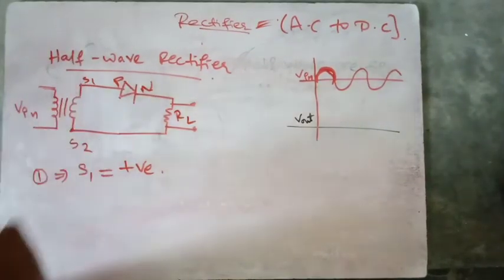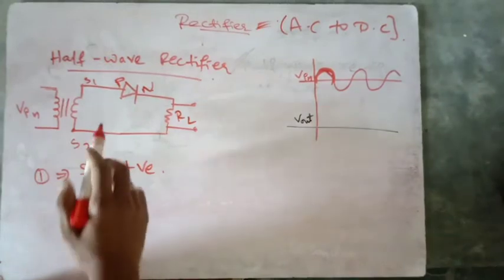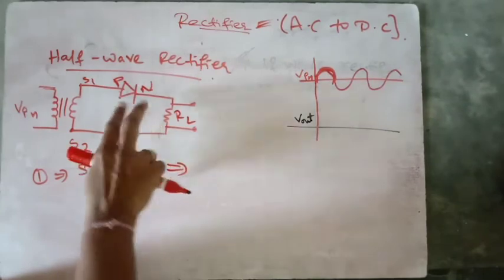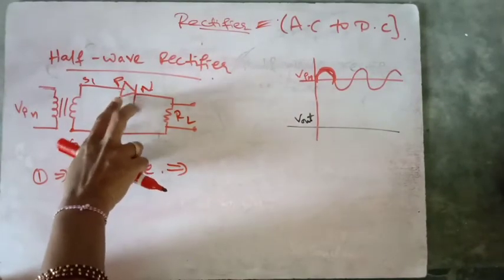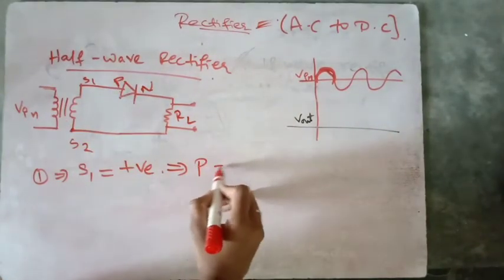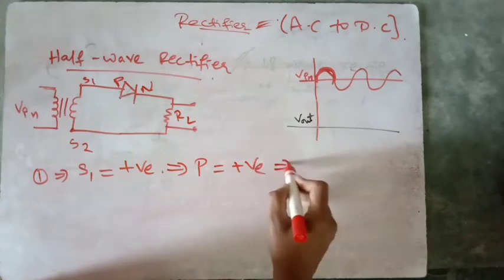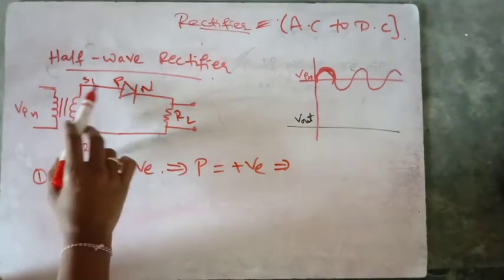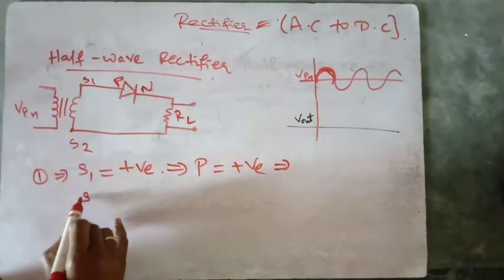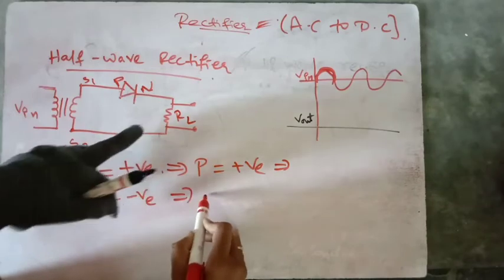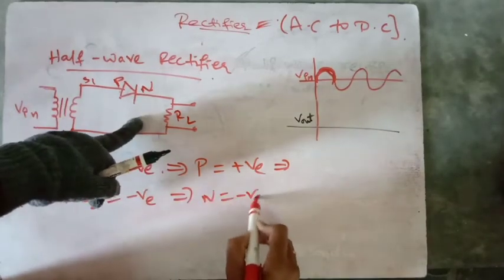For this half cycle, S1 will be positive. Therefore the P type of this PN junction diode will be positive. If S1 is positive, S2 will be negative, right? Therefore this N type will be negative.